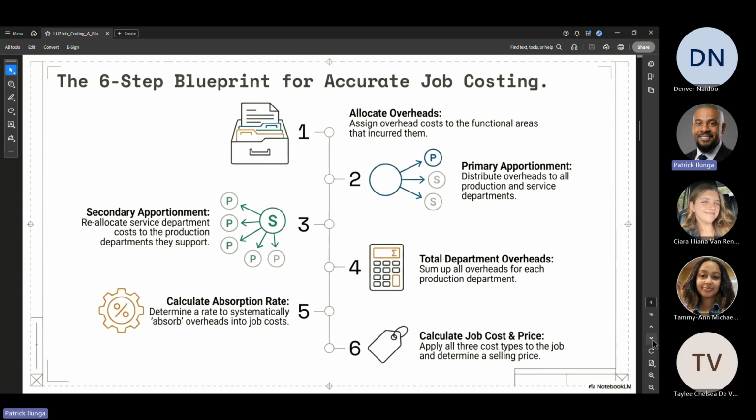So you know that there are core functions in the business. There are core departments that are doing the actual thing, that are producing the actual product. But there are other departments that are equally important because they sustain those production departments. HR is one of them, right? So we will have a primary apportionment and a secondary apportionment.